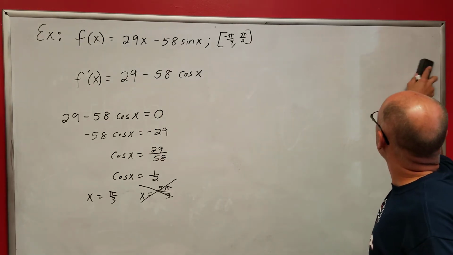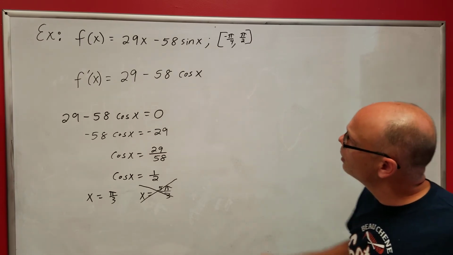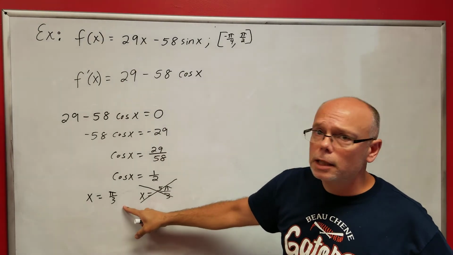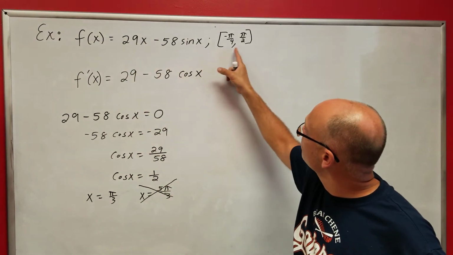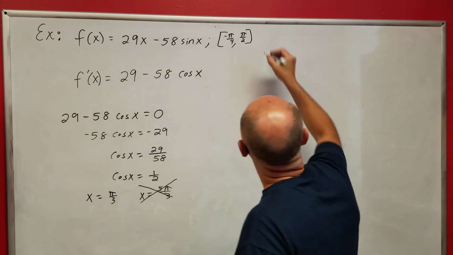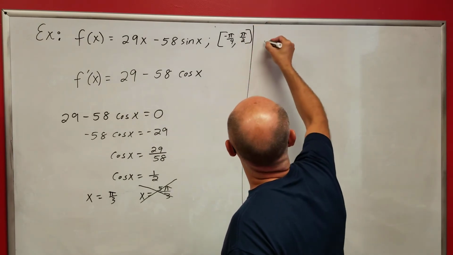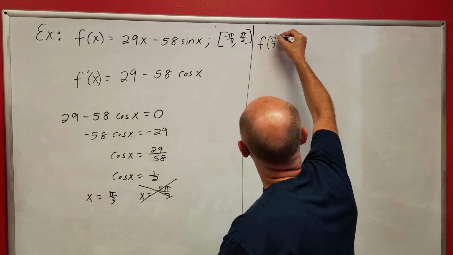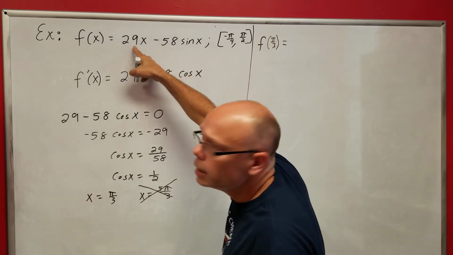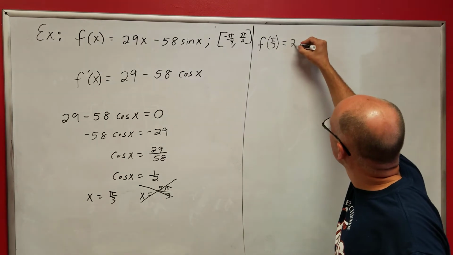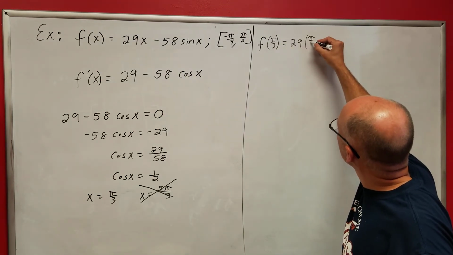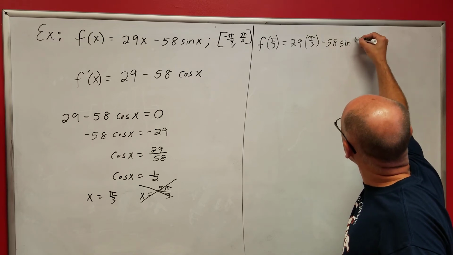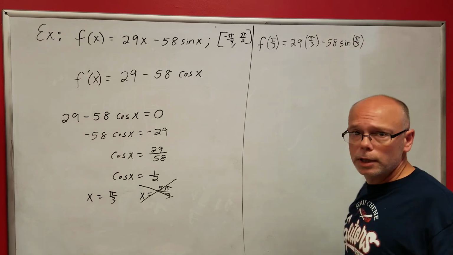Alright, so what do I do now? We evaluate our original function at pi over 3, and we evaluate our original function at each one of these endpoints. So let's look at f evaluated at pi over 3. That'll be 29 times pi over 3 minus 58 times the sine of pi over 3.